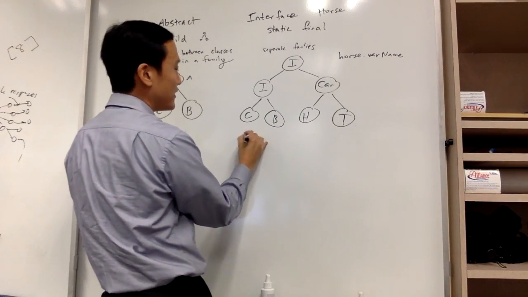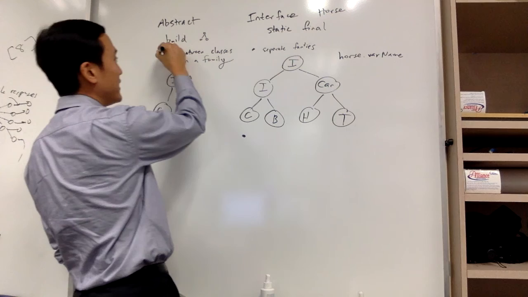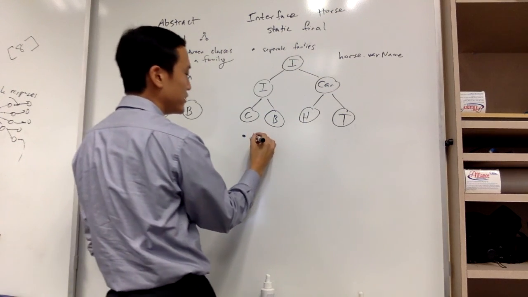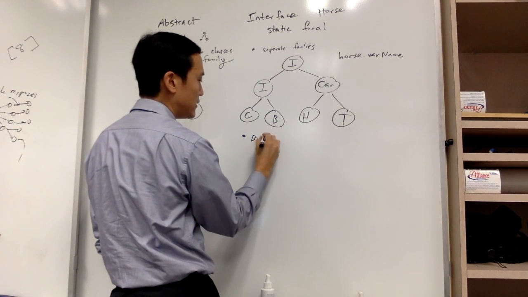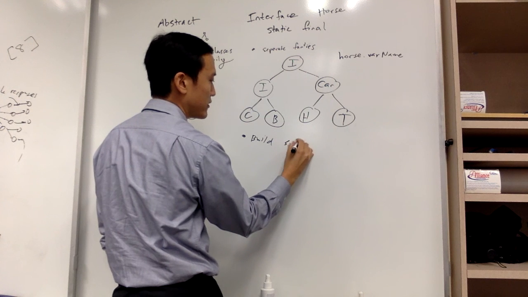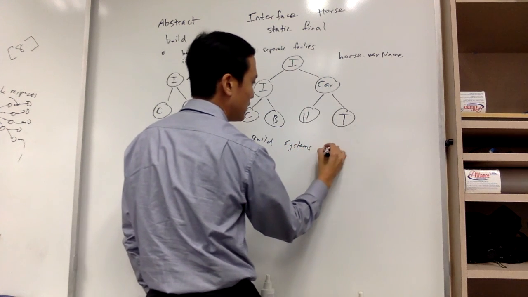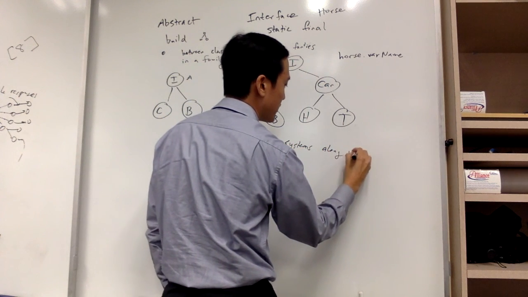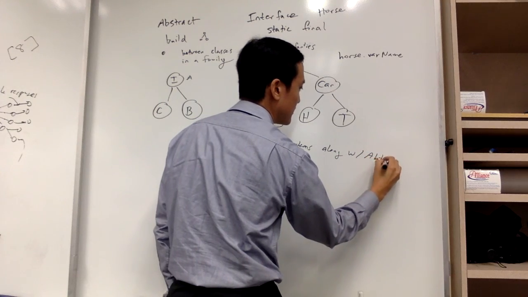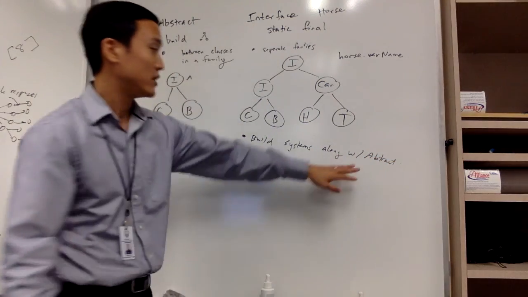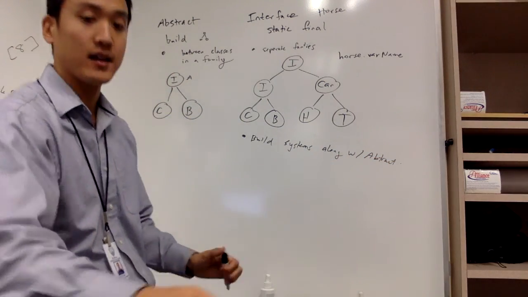So that's one aspect, right? Another aspect is that interfaces are used to build systems, along with abstract classes. You could have an abstract class, or not have one, it's optional.